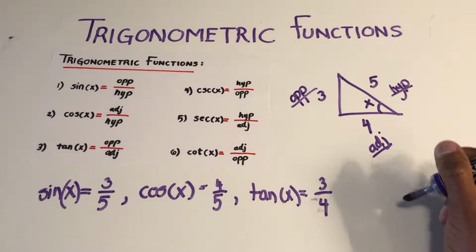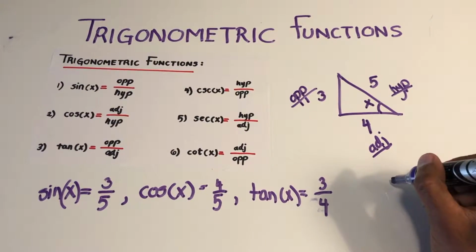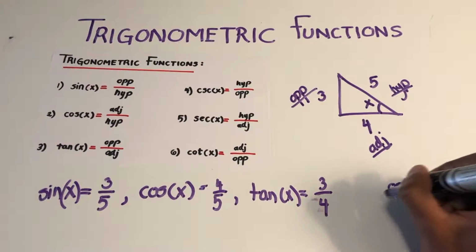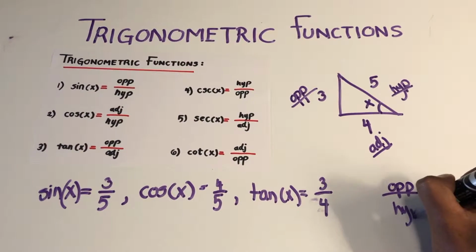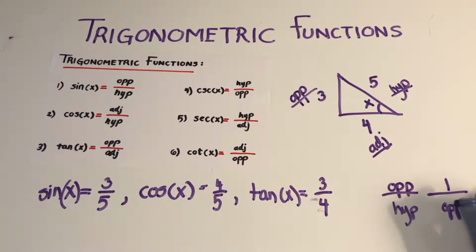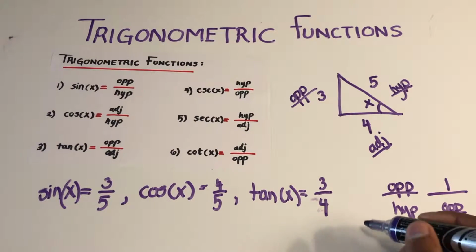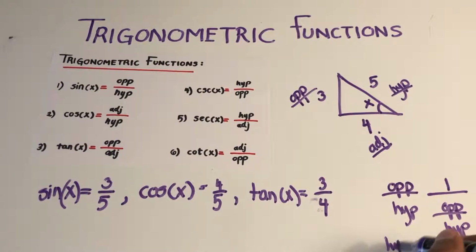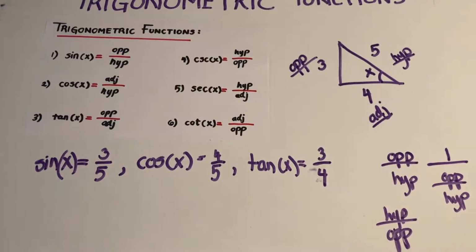So basically, let's say we have opposite over hypotenuse, which is the sine. All they did was they divided 1 by opposite over hypotenuse, which is going to give us hypotenuse over opposite, which is what the cosecant is here.